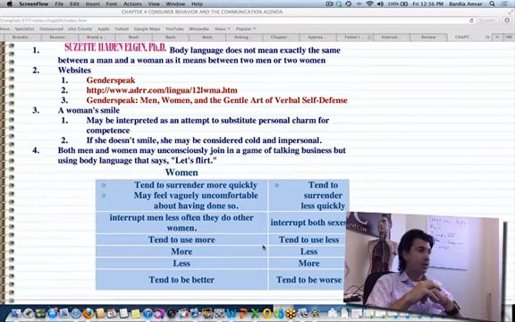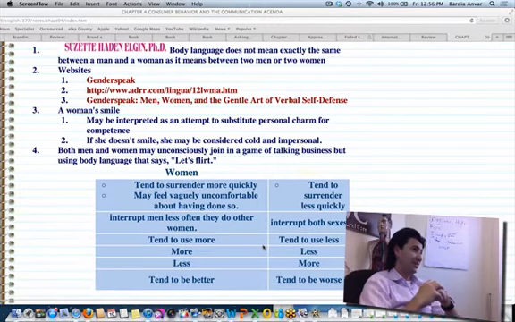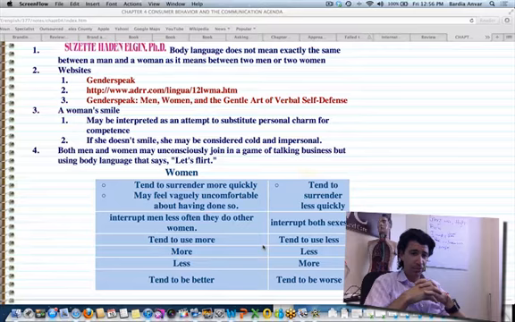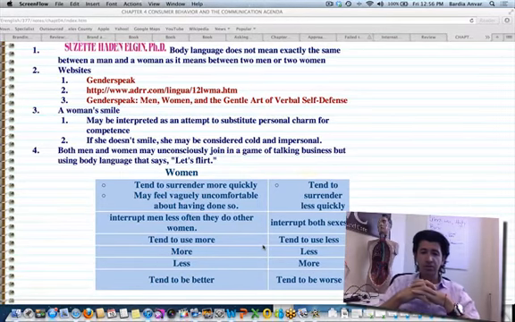Women tend to surrender more quickly, and may feel vaguely uncomfortable about having done so. In the sale cycle, if they are not getting what they want, they may give up a little too soon. They interrupt men less often than they do other women.